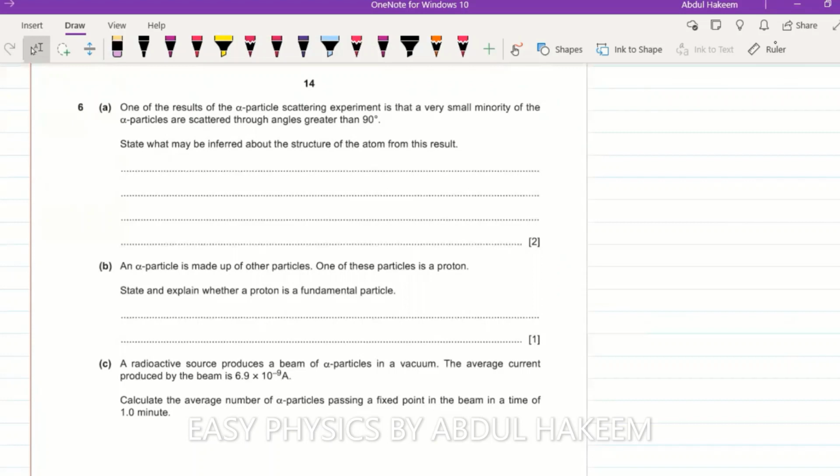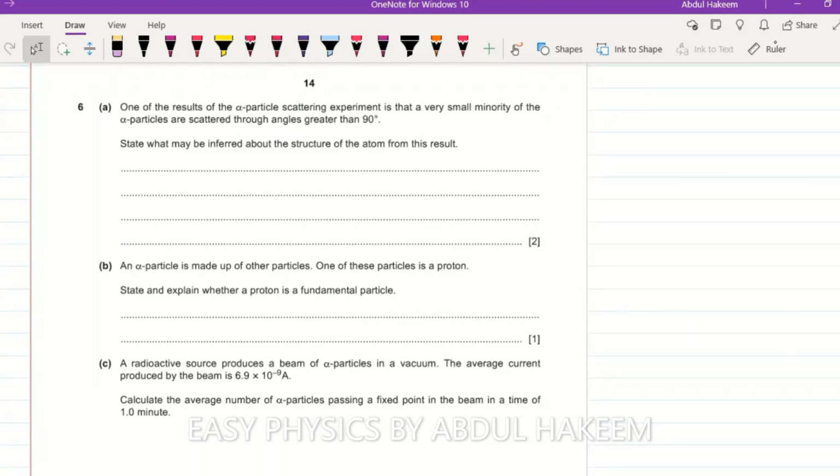So we have to tell about the structure of the atom. Number 1. Central part of the atom is dense, positively charged. And the major portion of the atom is empty. Whole mass of the atom is within the nucleus. So this is the structure.